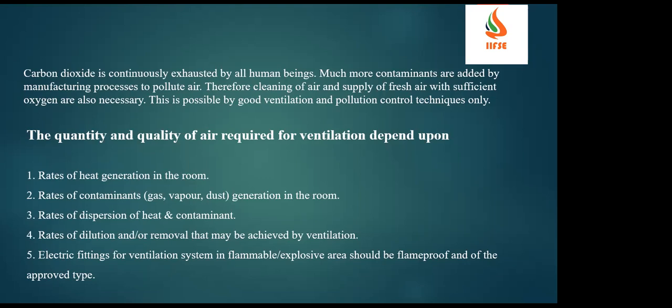Your ventilation system depends on that also. If you keep your ventilation system at a very high volume, giving 1,000 cubic meters of air, but your pollutant levels are very low, there is no use. This is going to be cost intensive. So whenever you have more pollutants and a high chance of heat generation in a specific area, we go for ventilation systems.